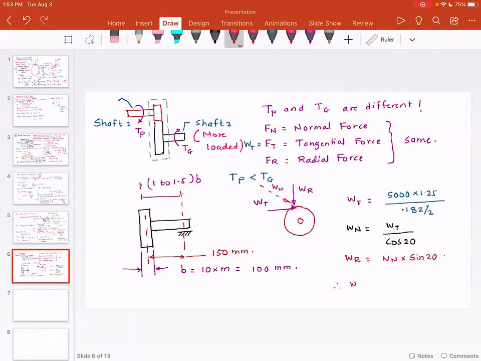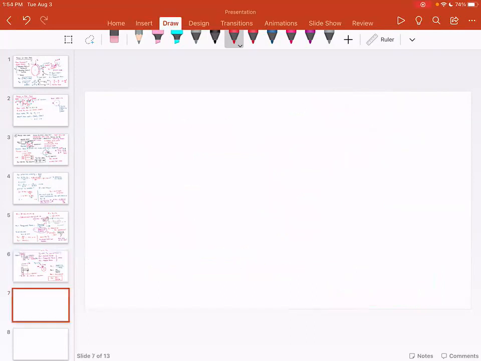In other words, WR is equal to WT multiplied by tan 20. So once we know WR and WT, we need to find out the moment.